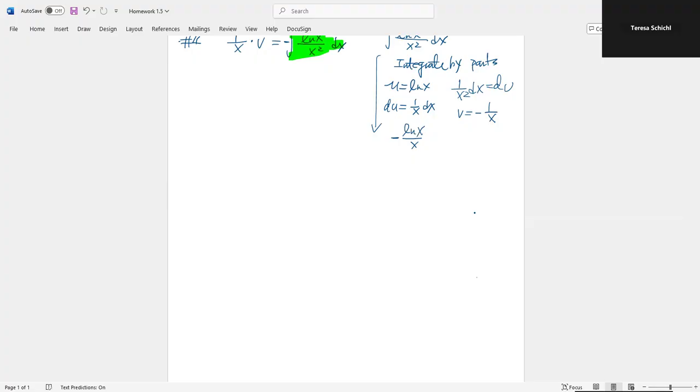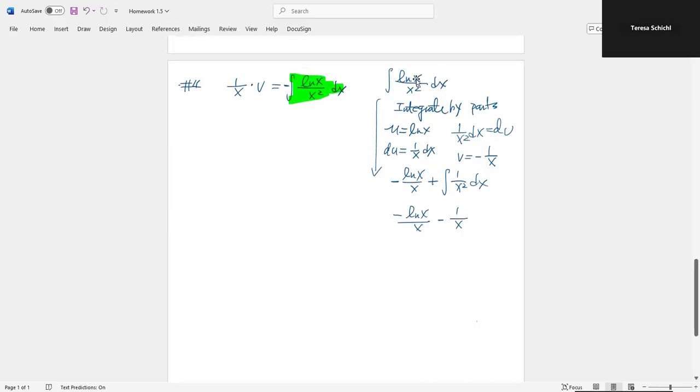Minus minus makes a plus, so plus the integral of 1 over x squared dx. This gives you negative ln x over x, and integrating 1 over x squared gives negative 1 over x. This is my integration by parts for ln x over x squared.